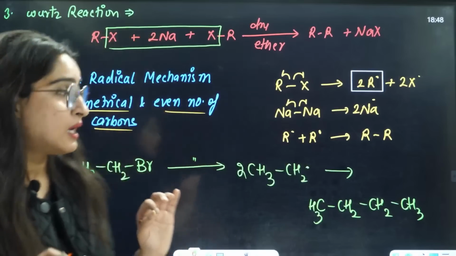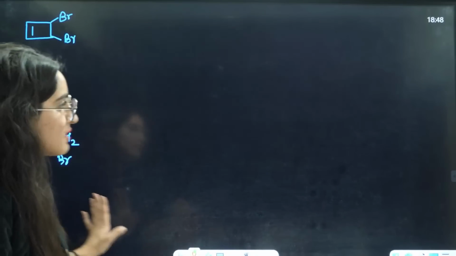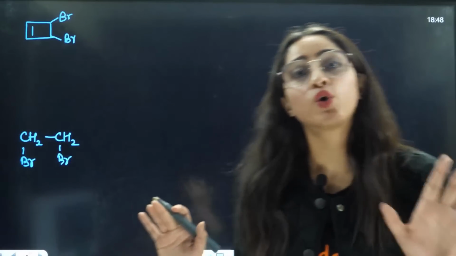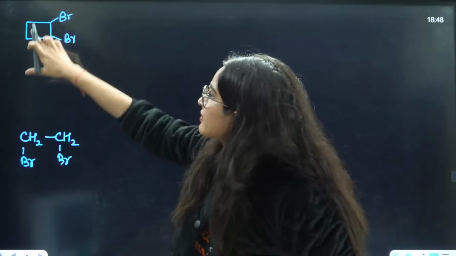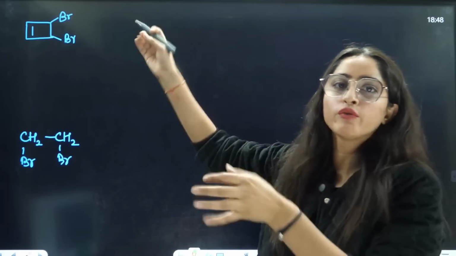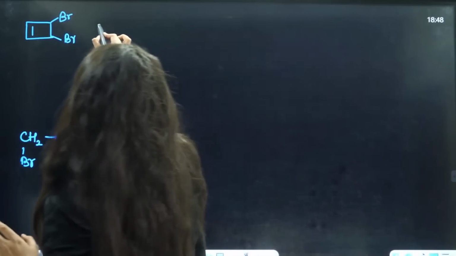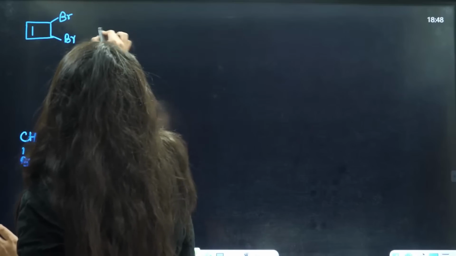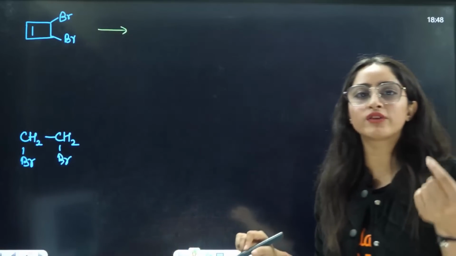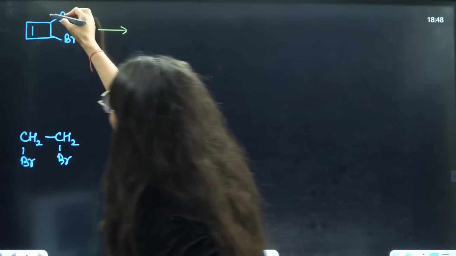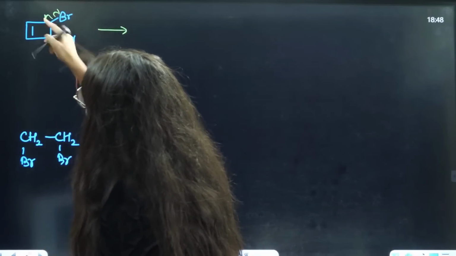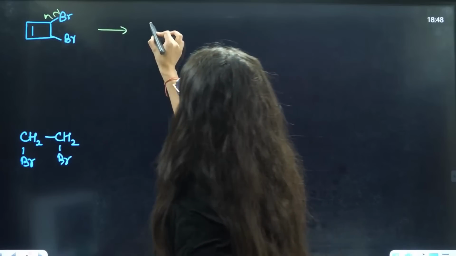But if they want to ask you a NEET level question, a good question, then what will they do? They will say, this is the reaction, you are doing the Wurtz reaction here, what will be the answer? Very simple. Firstly, just remove the halogen atoms here, and we know homolytic cleavage will occur, and here you will have 1 electron, here also 1 electron.